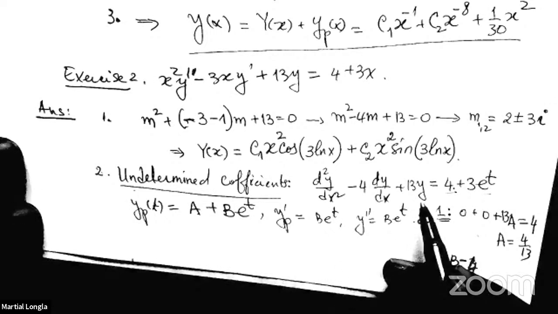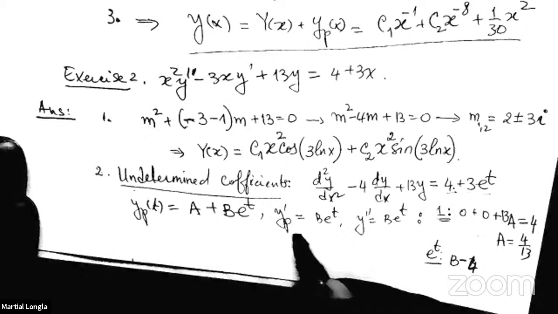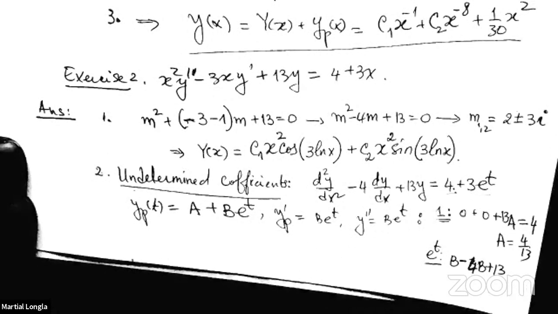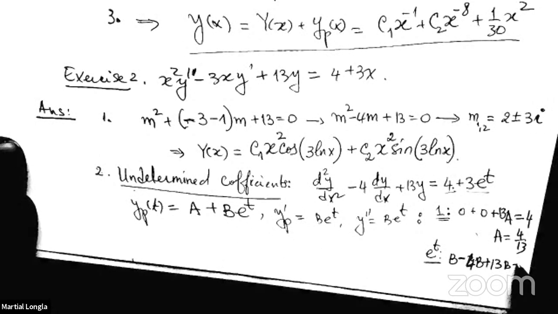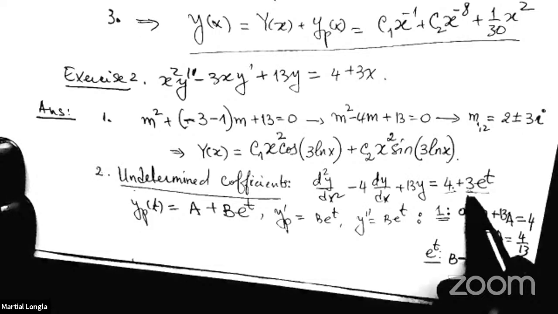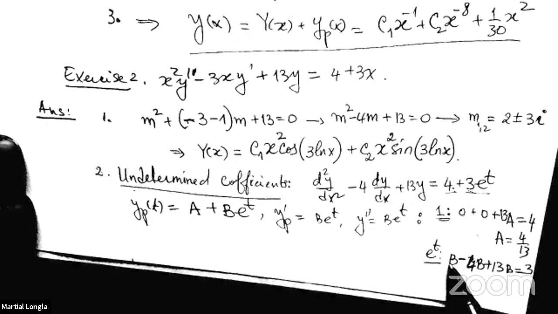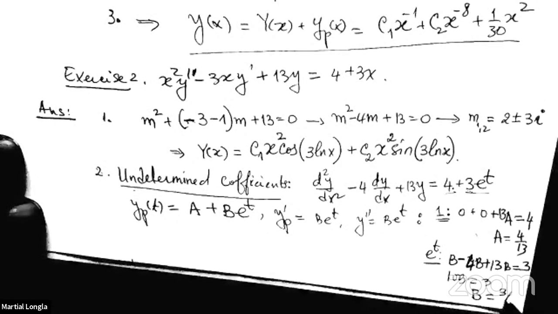And then you go to the first derivative, and the first derivative, that's minus 4b. The original function, that's 13b, equal right-hand side of the equation, coefficient is 3. So you got negative 4 plus 13, that's 9, plus 1, that's 10. So you get 10b equals 3. So b is 3/10.